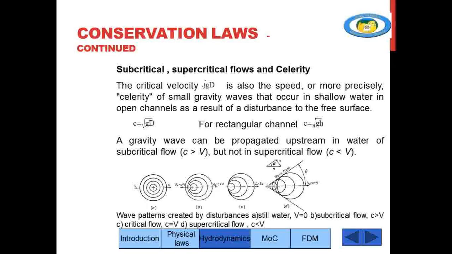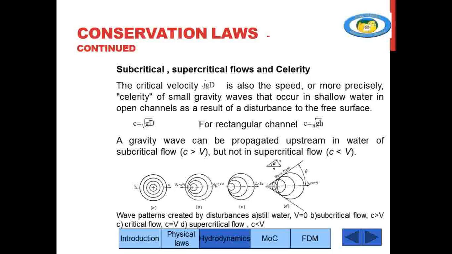But at some point, as the speed of the water keeps on increasing and becomes equal to the celerity, typically during critical flows, C would be equal to V, in which case the upstream propagation of the wave will culminate.